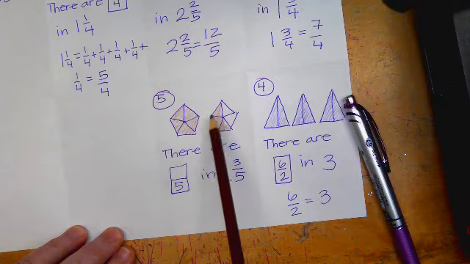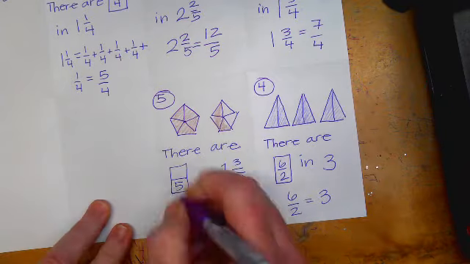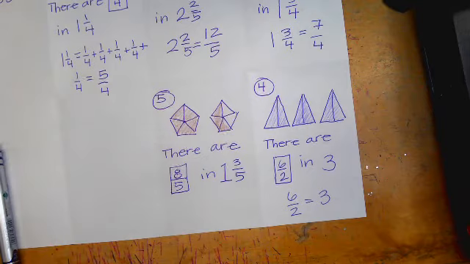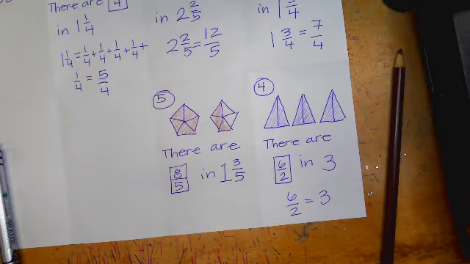So that means I'm going to count the number of fifths I would have, and I have 1/5, 2/5, 3/5, 4/5, 5/5, 6/5, 7/5, 8/5. Can't even say that. 8/5.